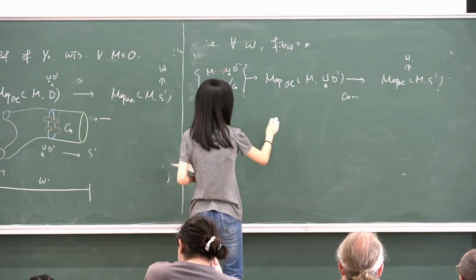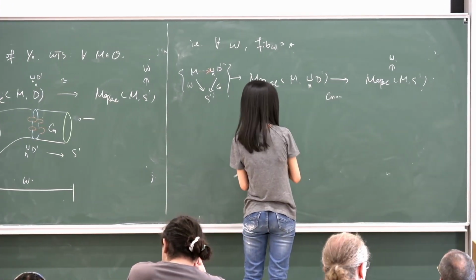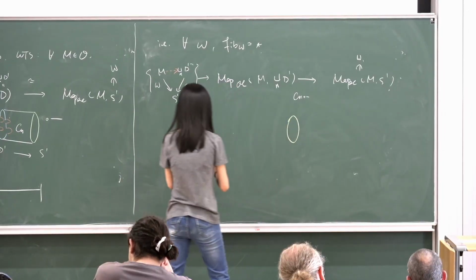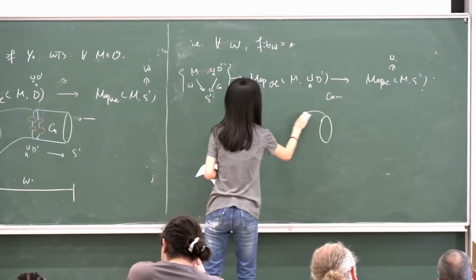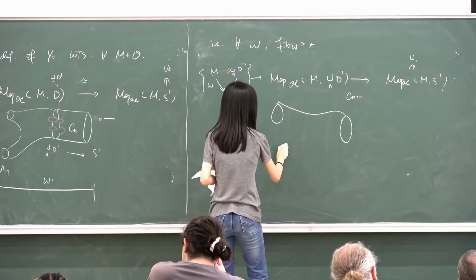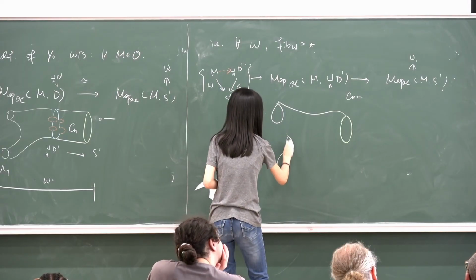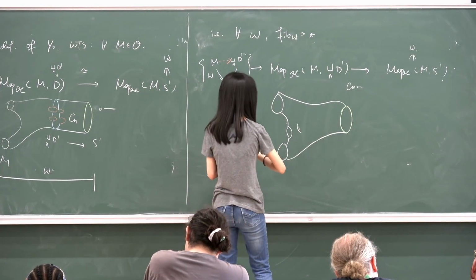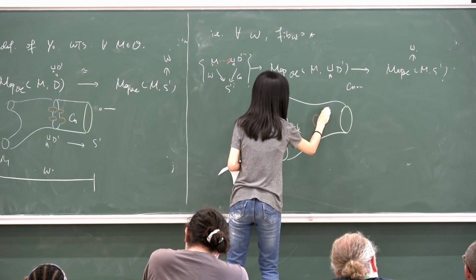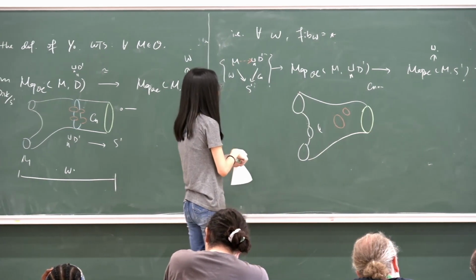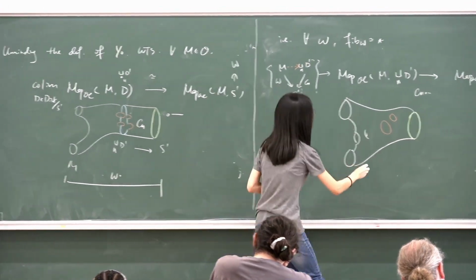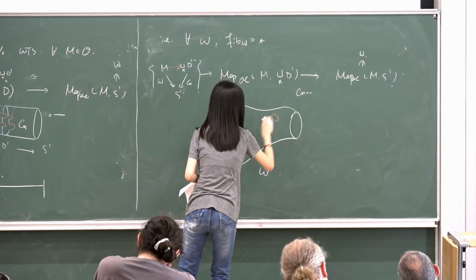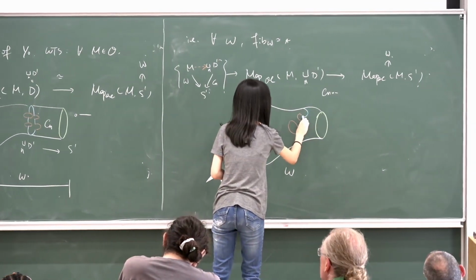I have my fixed bordism M with outgoing boundary S1. It has to have some free boundary somewhere. Let's say there's a free boundary here, and I want to find a canonical way of decomposing W into Cn.